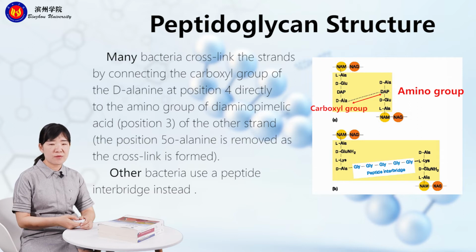The position 5 D-alanine is removed as a cross-link is formed. Other bacteria use a peptide interbridge instead. You can see that on the picture on your right.